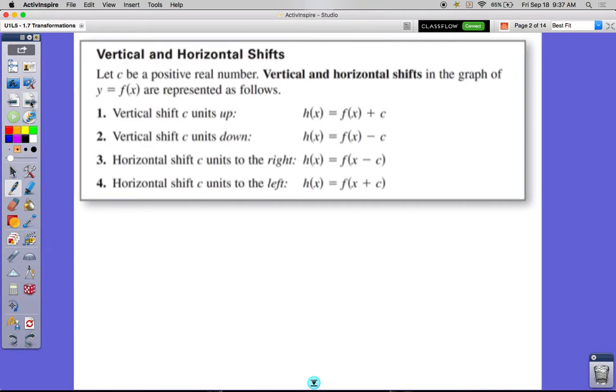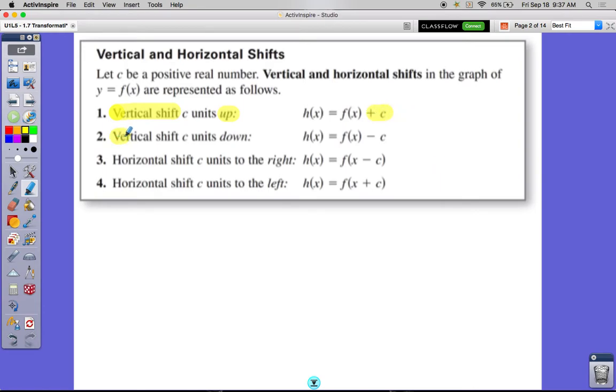So let's say that c is some positive real number. Vertical and horizontal shifts in the graph of your standard parent function, whatever it is, y equals f of x, are represented by the following. The whole thing will have a vertical shift so many units up if you see the function itself plus that value of c.